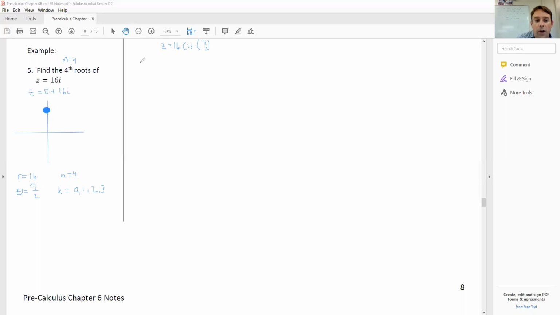And we're going to figure out what we get when k equals 0, k equals 1, k equals 2, and k equals 3. But I just realized I should give myself a little bit more room because I have to first set this up.